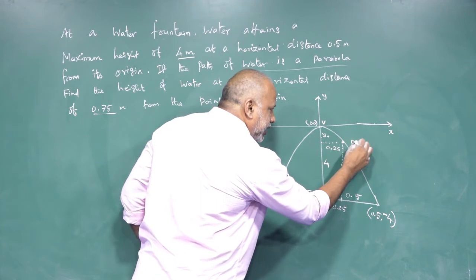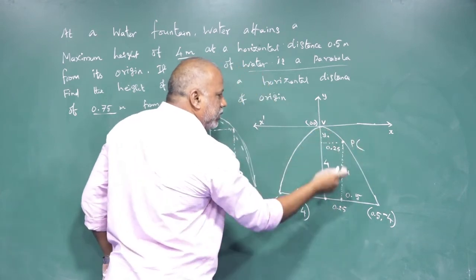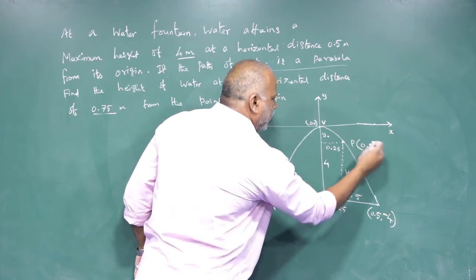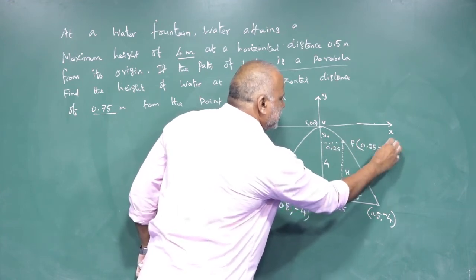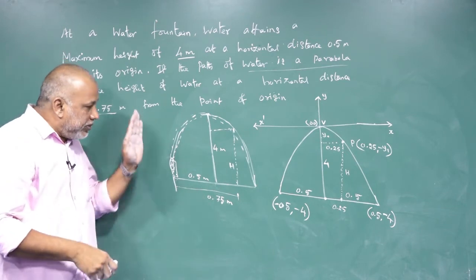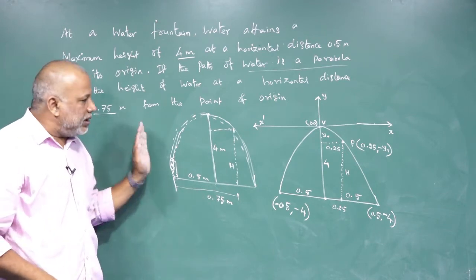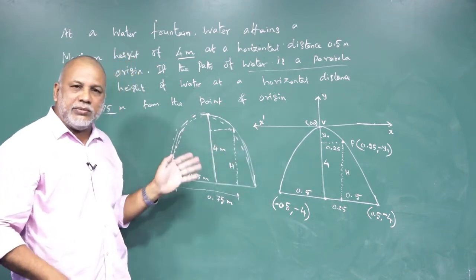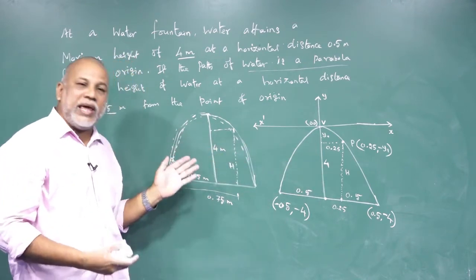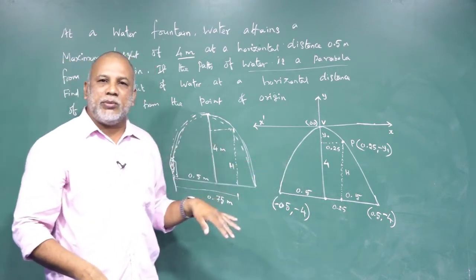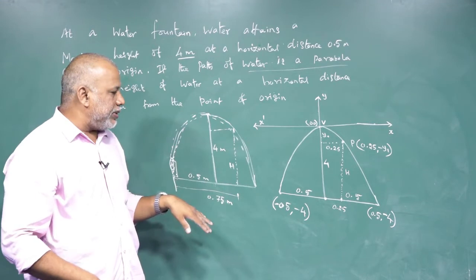What is the point P here? The x coordinate is 0.25 and y is minus y1. So from this rough diagram we are converting into a fair diagram. This rough diagram is a parabolic path. It looks like a type number 4 parabola, so draw a type number 4 parabola.